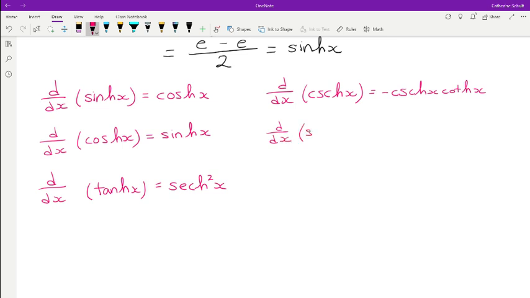Hyperbolic sine. Hyperbolic secant. Again, it's similar, but sometimes the signs are different. And then last one.